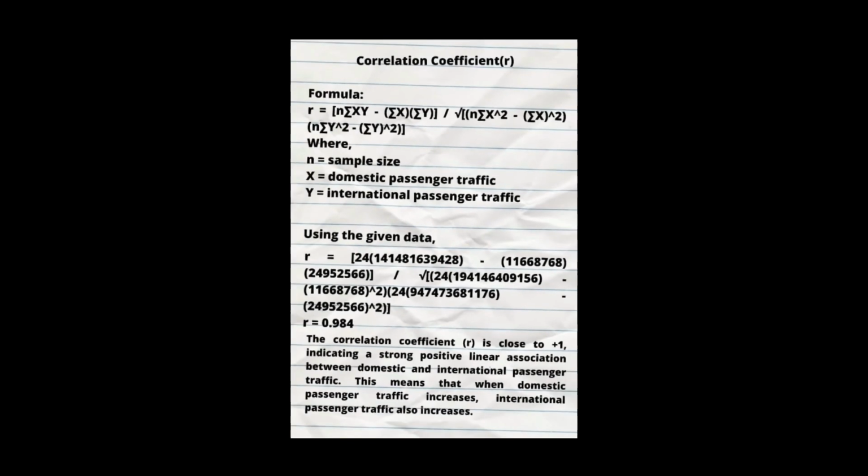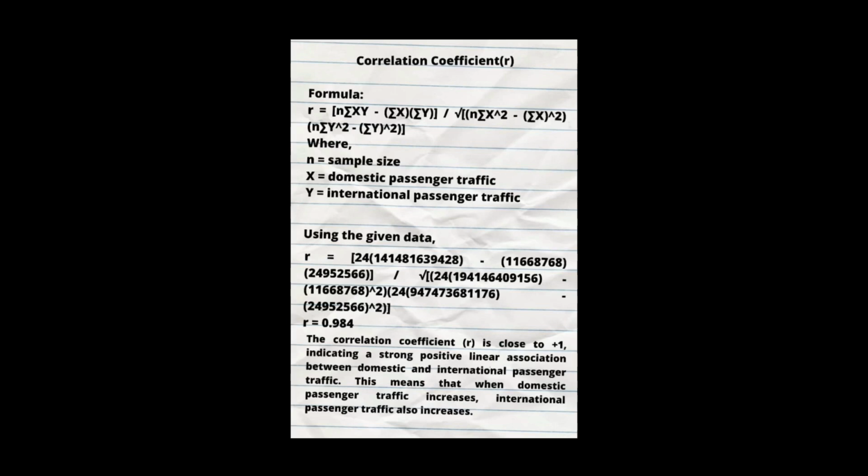Okay, my part is part 5, which is calculate and interpret measure of association. Using the formula and the given data, the correlation coefficient is 0.984.